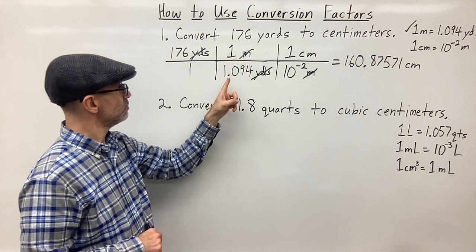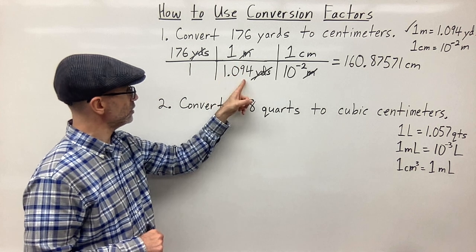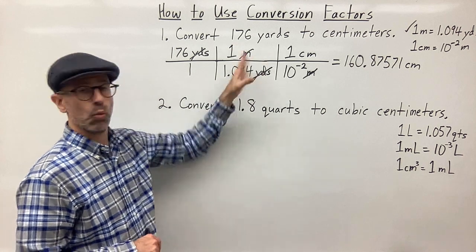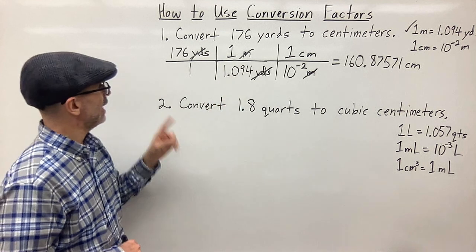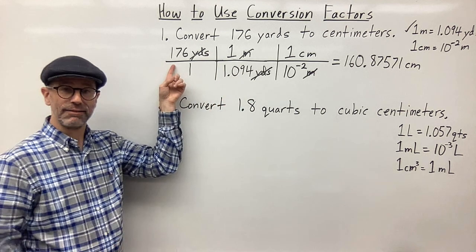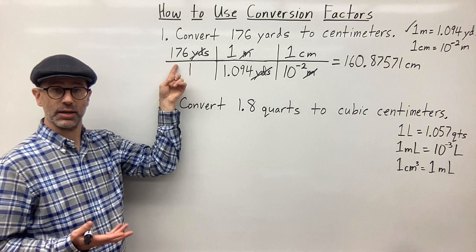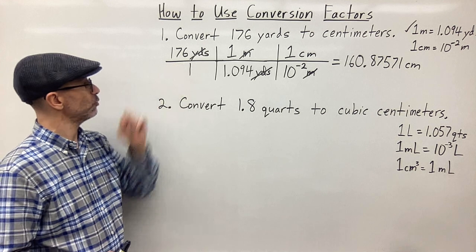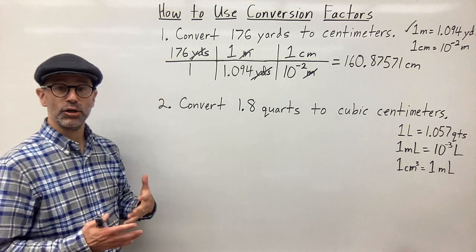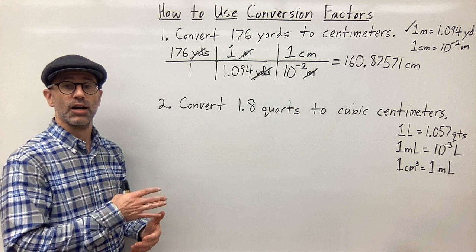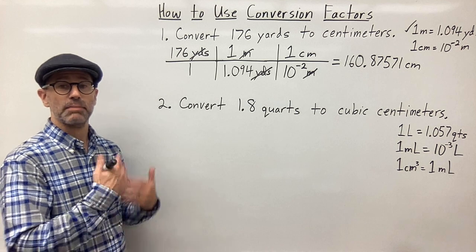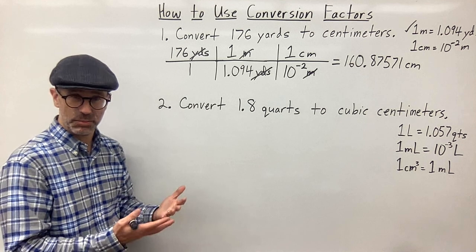So here we have 4 sig figs, right? Ignore ones. We don't care about ones. So this has 4 sig figs. And then the measurement we're given is also a measurement, so that is 3 sig figs. Remember, the rule is that your answer should have the same number of sig figs as the measurement that has the least number of sig figs.